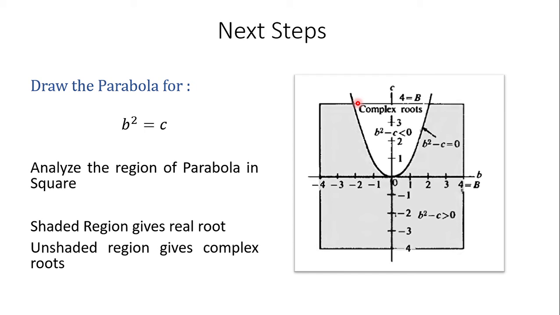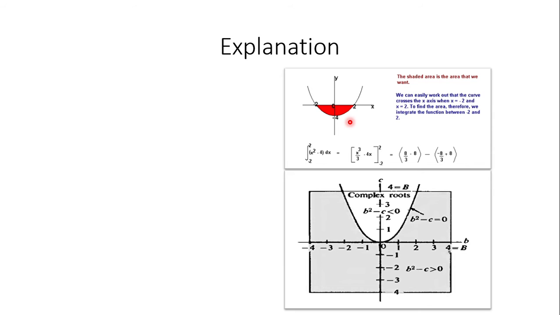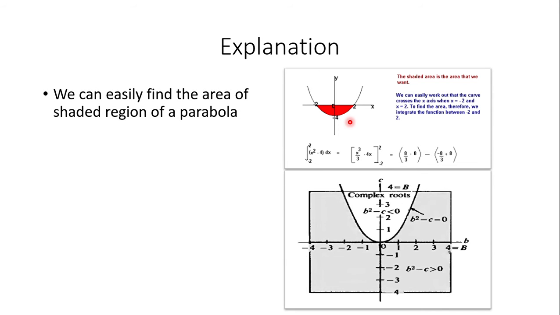Once we know the regions, we can find the ratio between this unshaded region and the total area, and that will give us the probability of having complex roots. From that ratio of the unshaded region to the total area, we will find the probability of getting real roots.